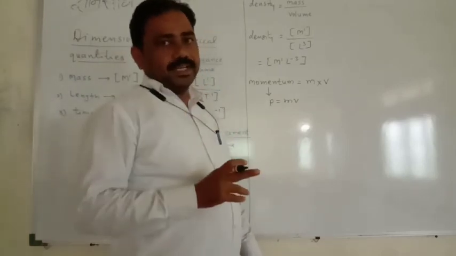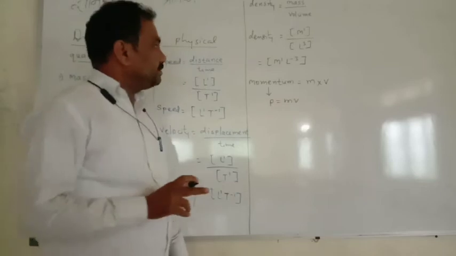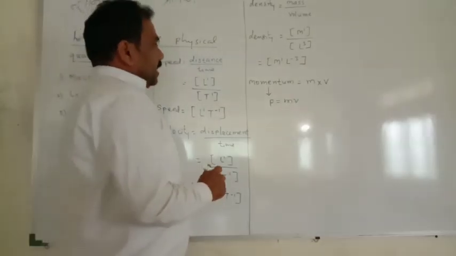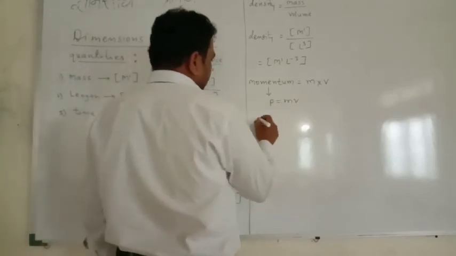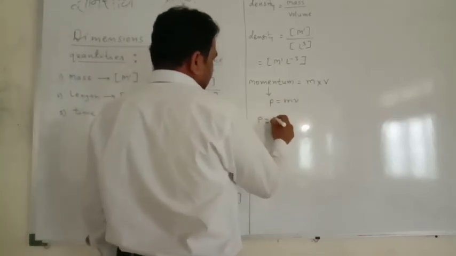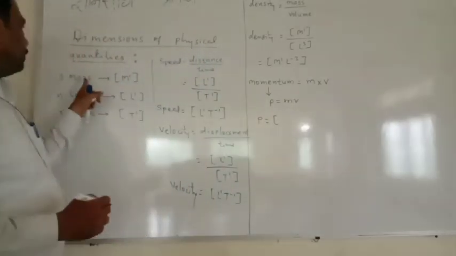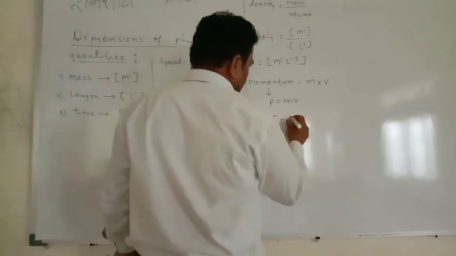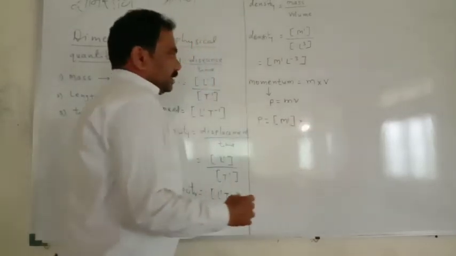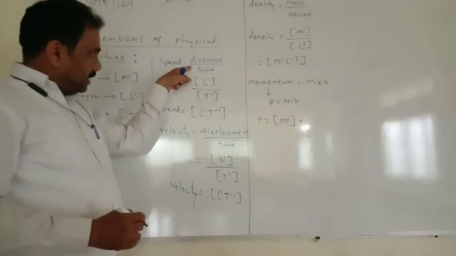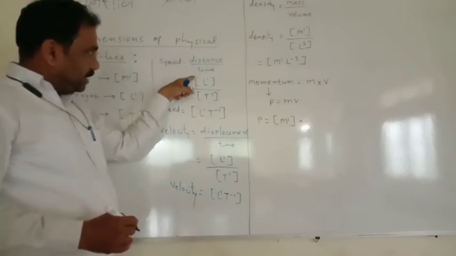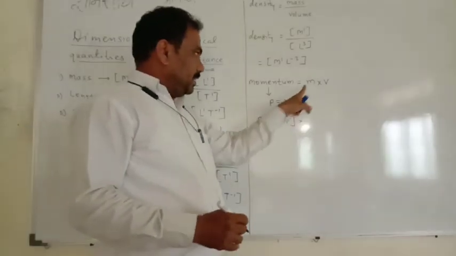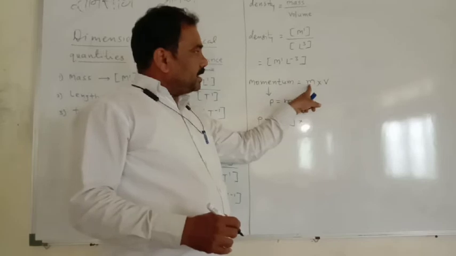This question comes in your NEET and JEE exams: to find the dimension of momentum, how can we calculate? Momentum P is equal to mass times velocity. Instead of mass we put M1. There is no denominator here, only multiplication, m into v.